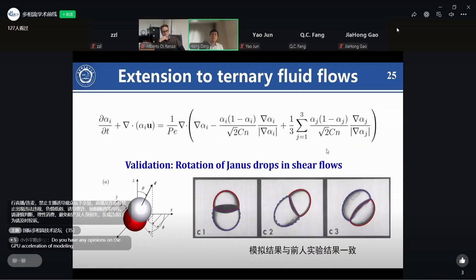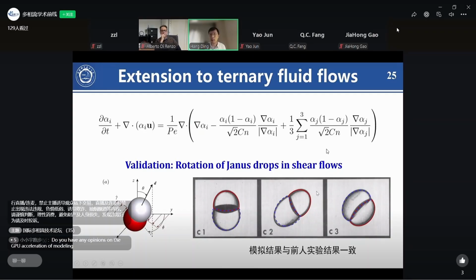Okay, for this Janus droplet, we need to extend these improved interface flow models to ternary fluid flow models. I give the equation here. Then we also validated these simulations by comparing against experiments. This is the droplet at rest in the fluid, initially having a shape like this.